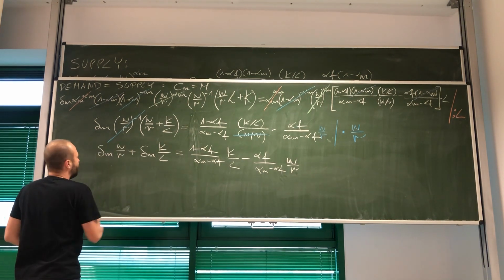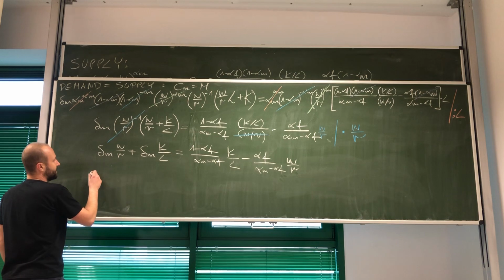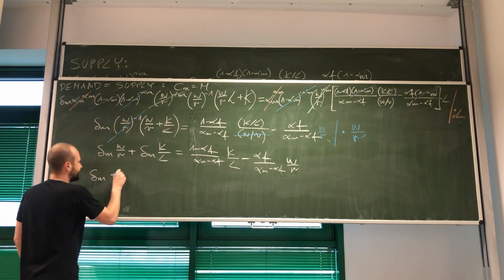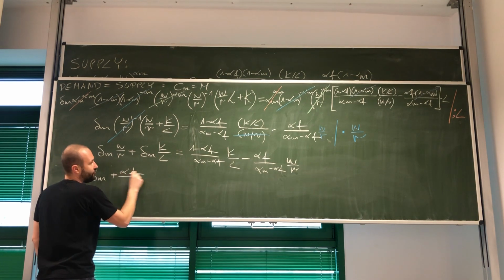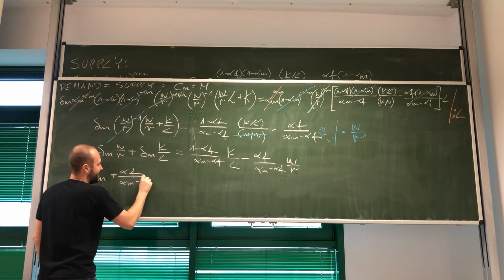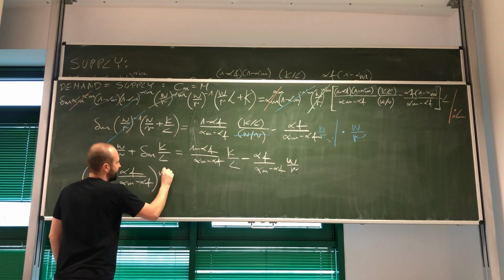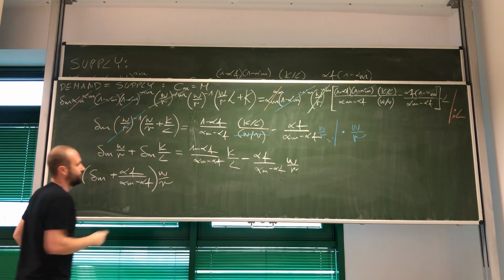And look, we get out of this that we've got delta m plus alpha f over alpha m minus alpha f times wage over rent, right?